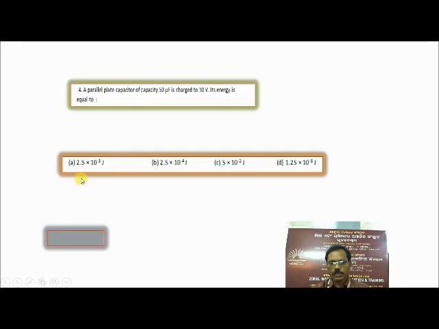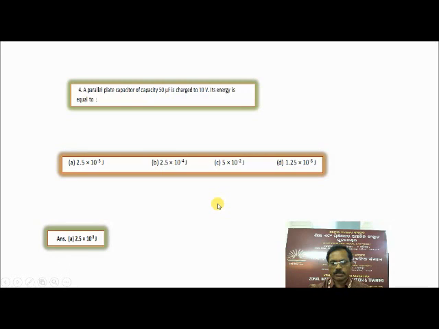The options given are: A, 2.5 into 10 power minus 3 joule, B, 2.5 into 10 power minus 4, C, 5 into 10 power minus 2 joule, and D, 1.25 into 10 power minus 8 joules. Which one will be the answer? The answer will be A, 2.5 into 10 power minus 3 joule.